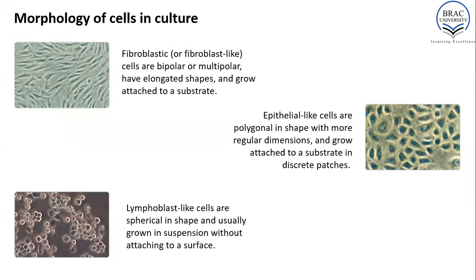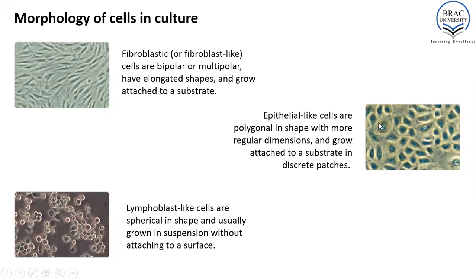According to morphology, cells divide into three basic types: fibroblastic, epithelial-like, and lymphoblastic. The fibroblast-like cells are bipolar or multipolar, with elongated shapes, and grow attached to a substrate. That is the anchorage, which we described in our last slide.